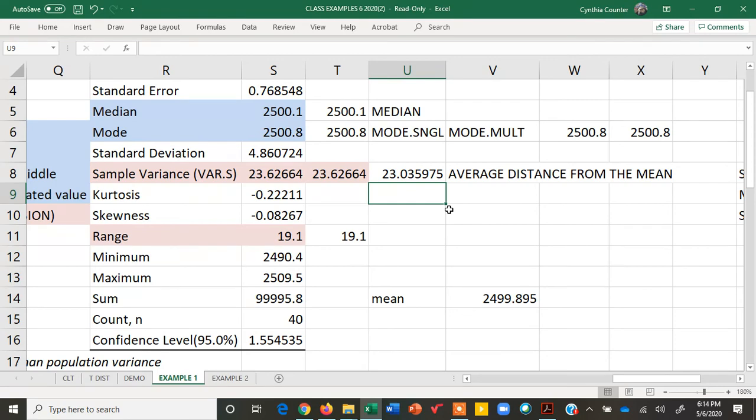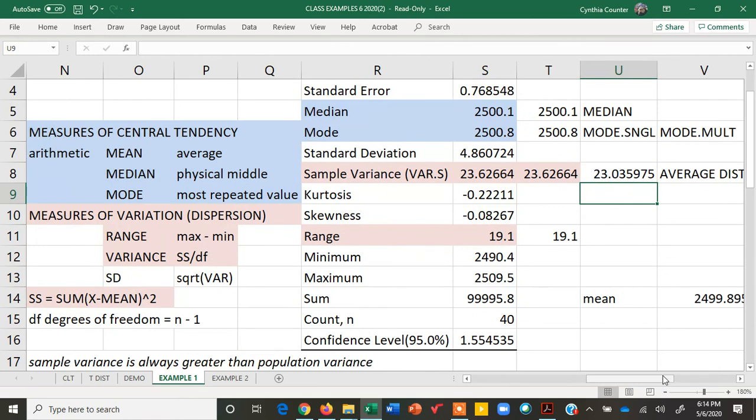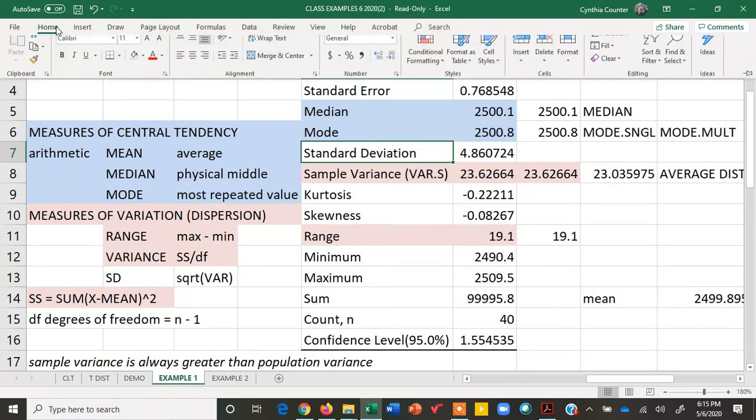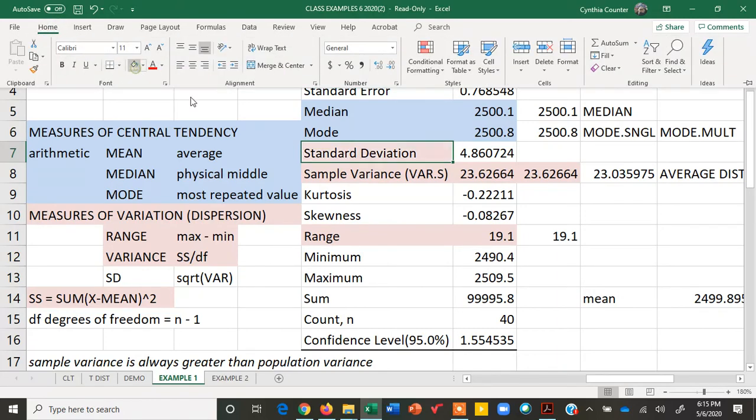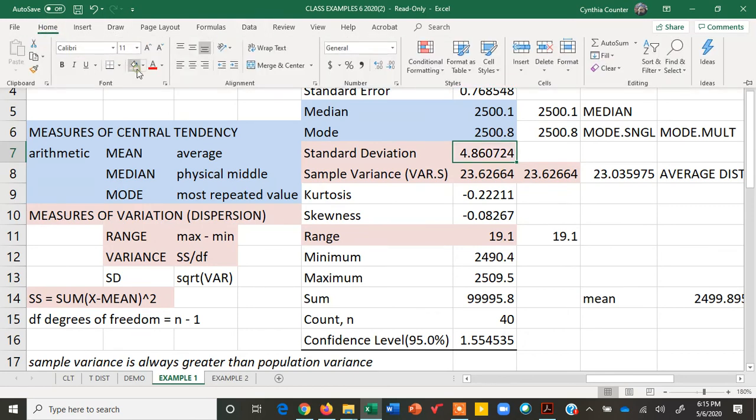Now, what is wrong with sample variance? How come we don't hear about variance as much as standard deviation? Why is the standard deviation the value we always hear about? Well, remember, you're computing variance using a sum of squares. We are squaring this difference.